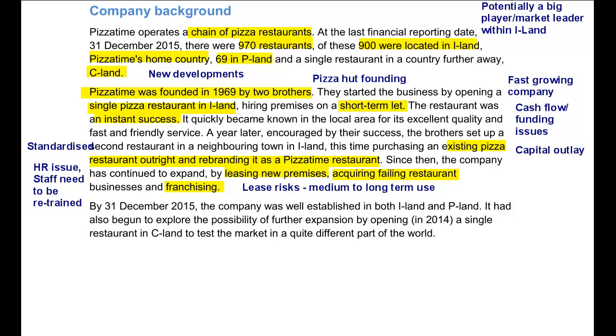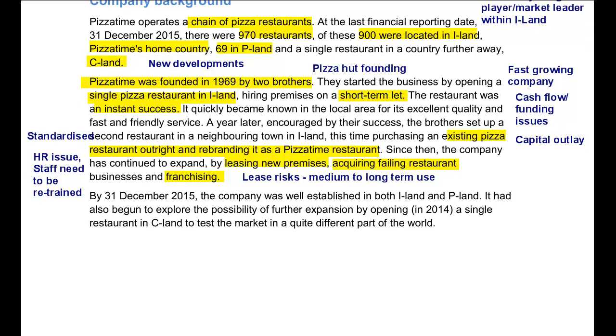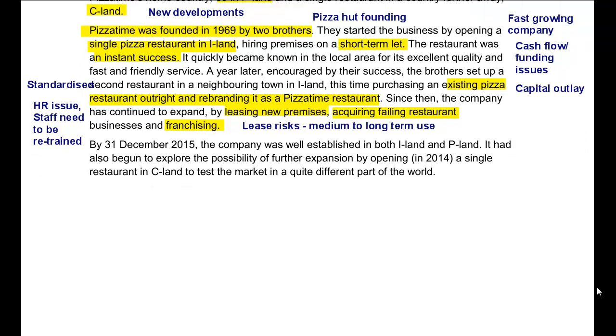And then finally here it talks about its presence in Ireland and Peeland. Obviously we knew it was quite established in Ireland, but it's also established in Peeland. And they have now begun to explore the possibility of expanding more into Sealand. Obviously they have the one restaurant at the moment, but there is perhaps a market development opportunity here in Sealand to really grow the business.